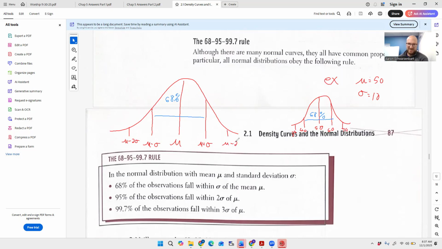What's 3? 80 on the right side, 20 on the bottom side. Calculating those is not terribly hard, is it? 95% of my observations, or 95% of my students, if these things were right, would score between 30 and 70.